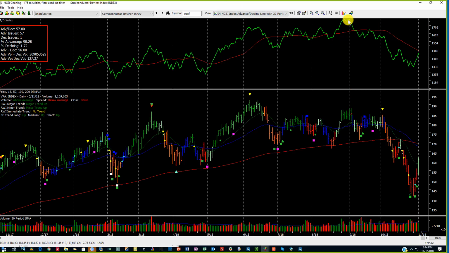Here's the AD line. Now here is the information for today. This will give you the most recent update. 57 advancers, 1 decliner, for a percent of 98.28% advancing over declining. And here's the advancing minus the declining volume.